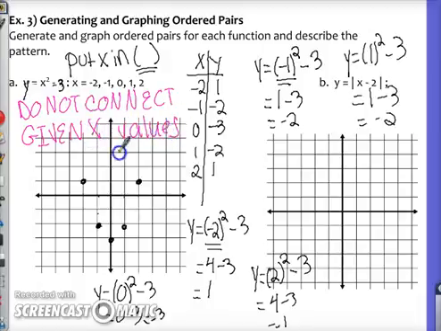This is really important. You are given x values here, so you do not want to connect them. However, does this make a pattern? Yes, this actually makes a U shape. And I would say that it has an axis of symmetry at the y-axis. So a y-axis of symmetry.